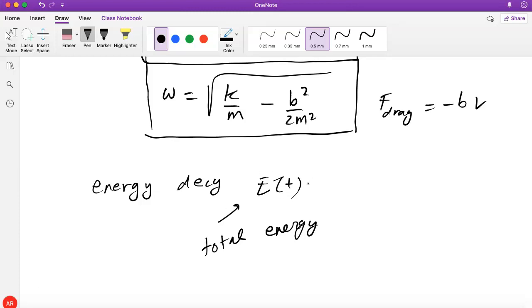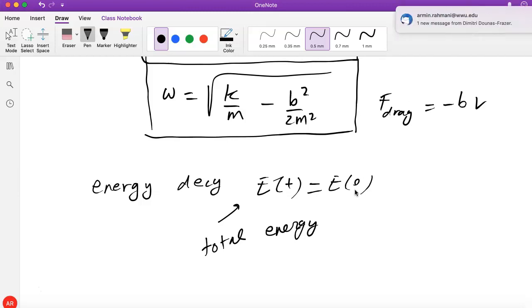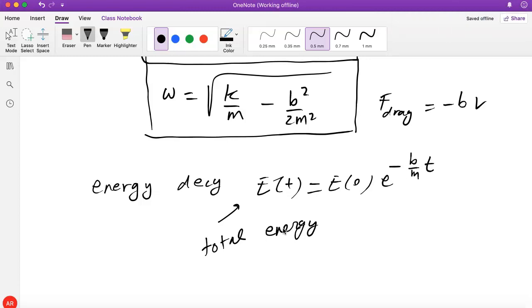But the mechanical energy of this mass that's oscillating is going to go as E of 0, the initial energy, times e to the minus b over m times time, right?